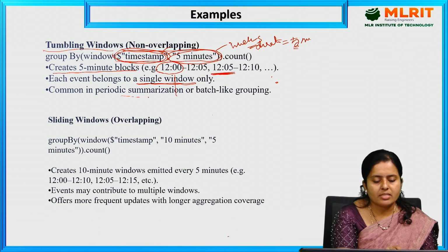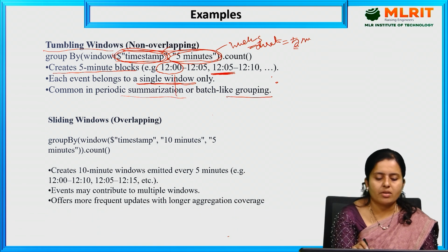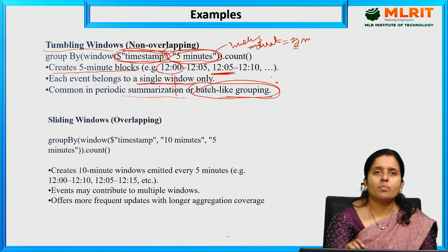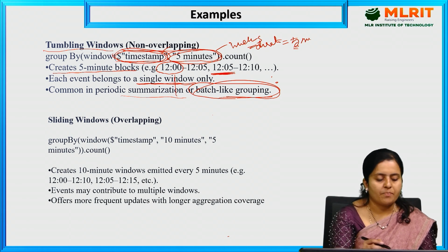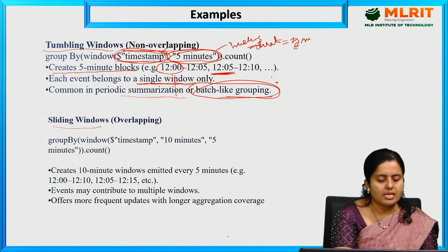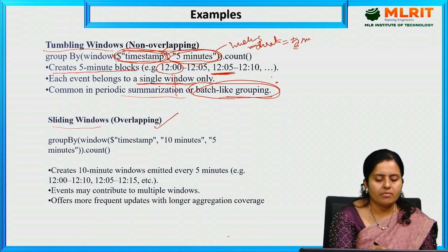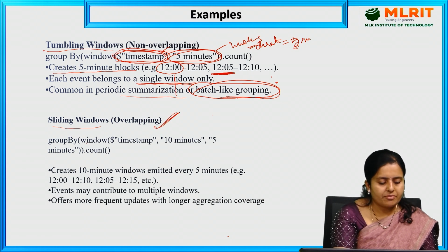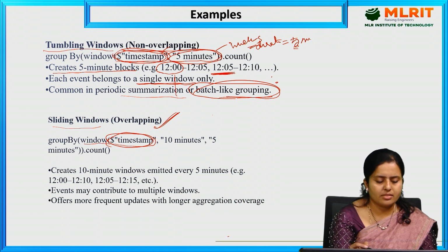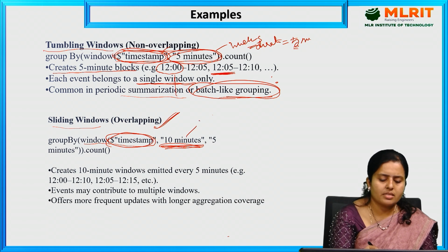It is common in periodic summarization or batch-like grouping, a grouping of each and every individual event. And when it comes to sliding windows, these are overlapping windows. Here, as a first factor we have taken the timestamp. Next, the window duration, which is common with the tumbling window.